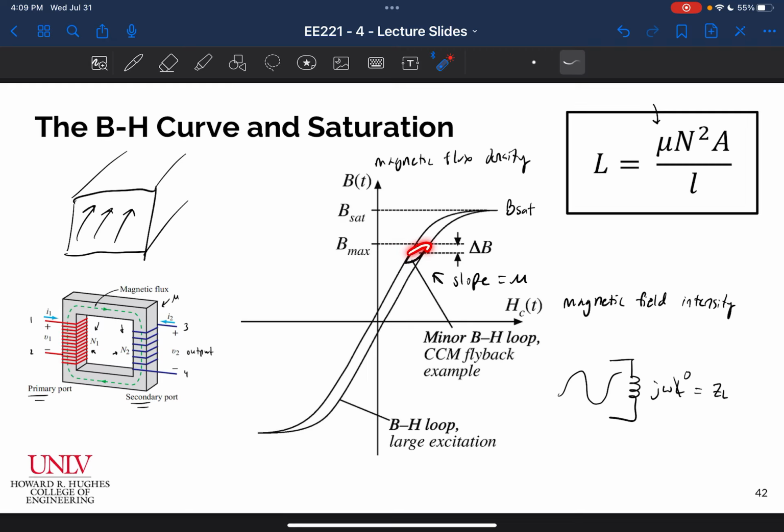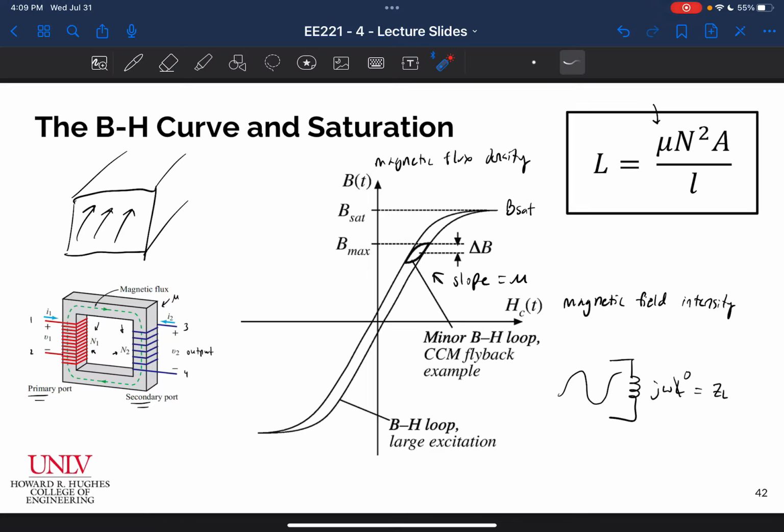We could also operate up here, which would mean that we're basically just wiggling back and forth at some positive value. Or we could operate down here, which means that we're wiggling back and forth at some negative value. But if we increase our magnetic field intensity too much, we reach a point where the material saturates and we get no more increase in magnetic flux density as the magnetic field increases.